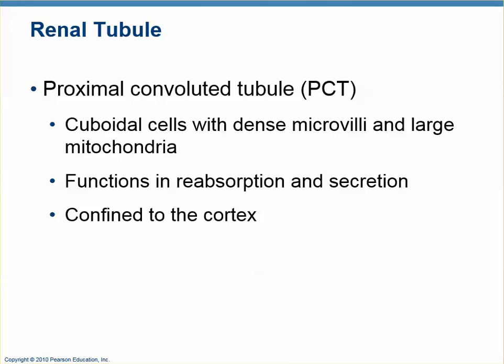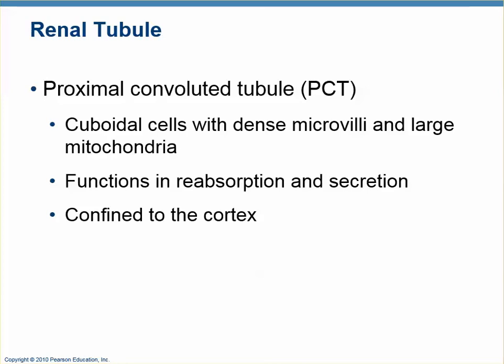Now, the walls of the convoluted tubule, the PCT, are cuboidal cells, and they have all kinds of microvilli on them for surface area, and they have a lot of mitochondria because they are very highly metabolically active. They use a lot of ATP, and its main job is reabsorption.